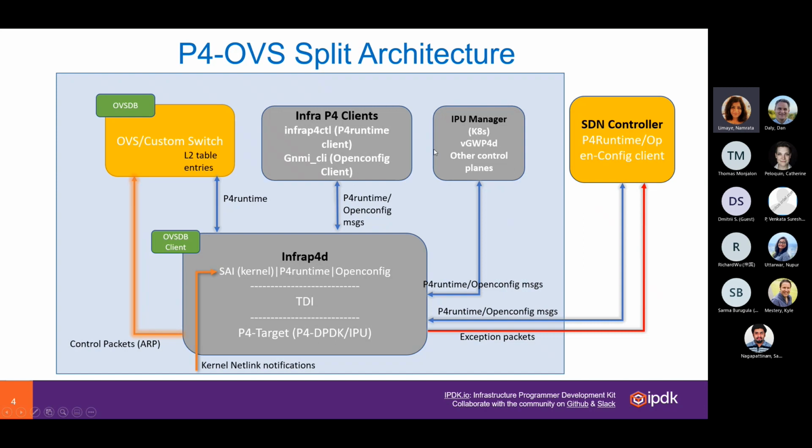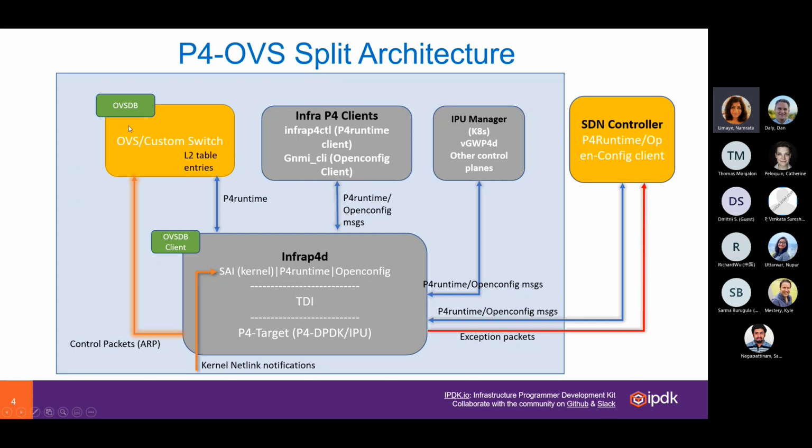And then you can add any other P4 runtime capable manager to interact with infra P4D and to program into your P4 targets. OVS now will become basically a much smaller patch that we'll be able to upstream into OVS.